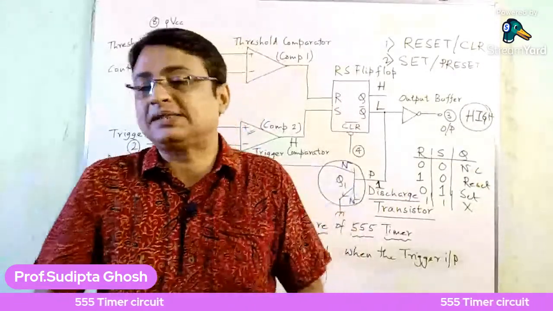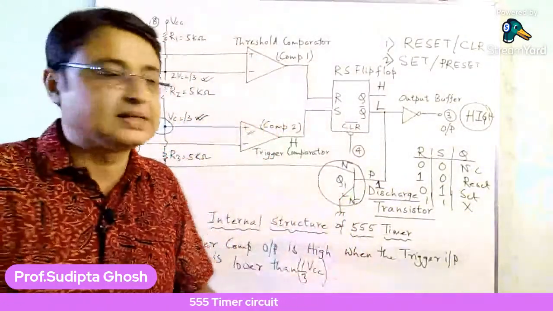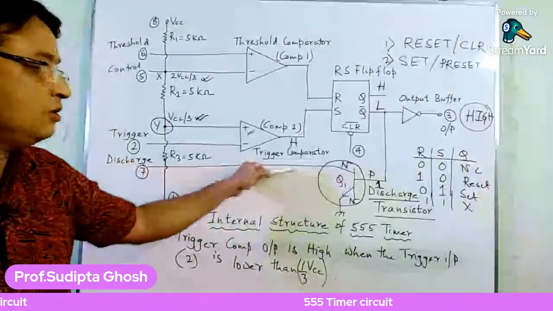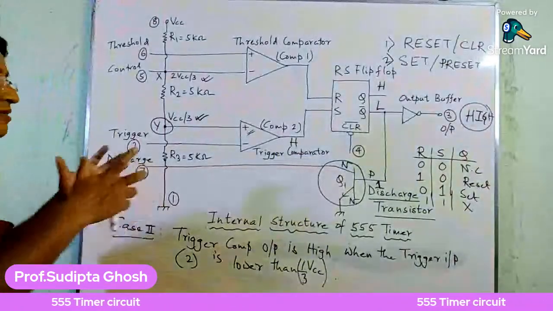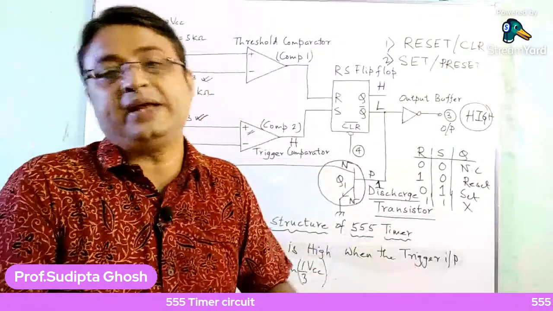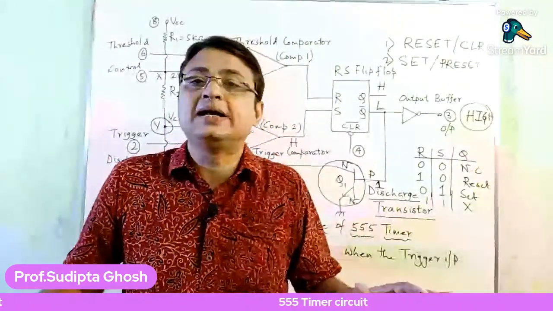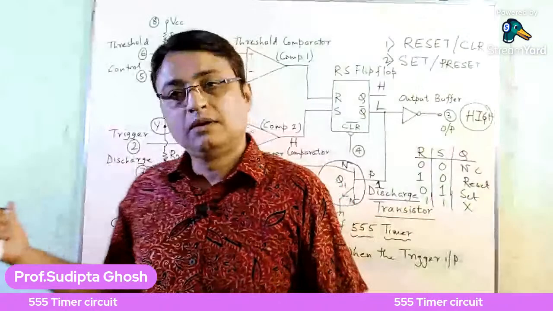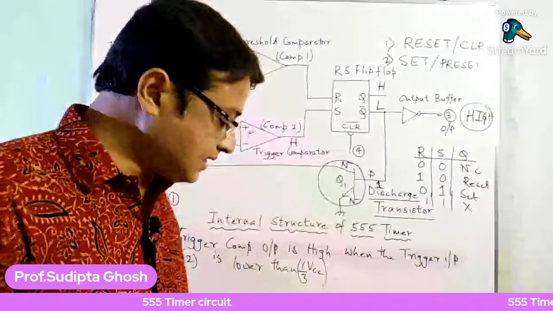So if the base terminal is low, that means Q1 is in cutoff state, and no current will flow through this discharge pin. You can tell that the discharge pin is open circuited, as no current flows through pin number 7. Is it clear?